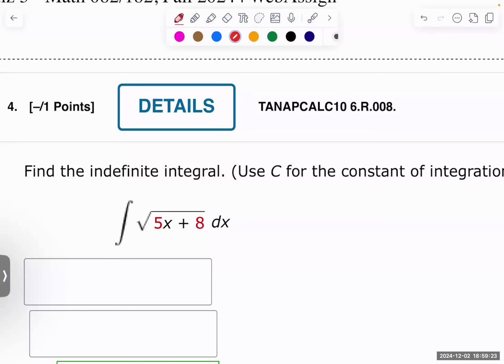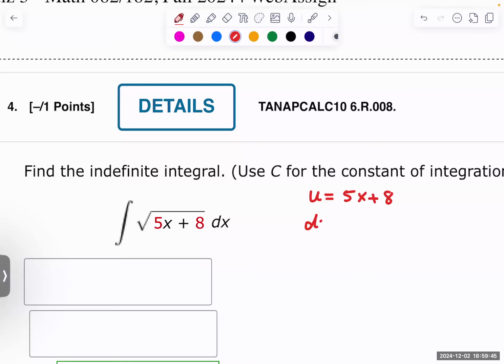So in the case of u substitution, on the radical, in the fraction, denominator of the fraction, those are the u. So u is equal to 5x plus 8.